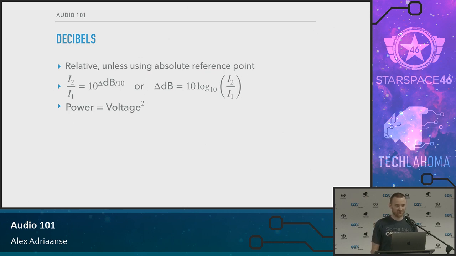You can see the formula here to convert the ratio between intensity 2 divided by intensity 1, or how to translate from decibels to the ratio and vice versa. Also on the next slide, you'll see there are two columns, one that refers to power and one that refers to voltage. Just know that power is voltage squared. So if you have a doubling in voltage, or doubling in signal, you'll actually end up with 4 times the amount of power, as an example.